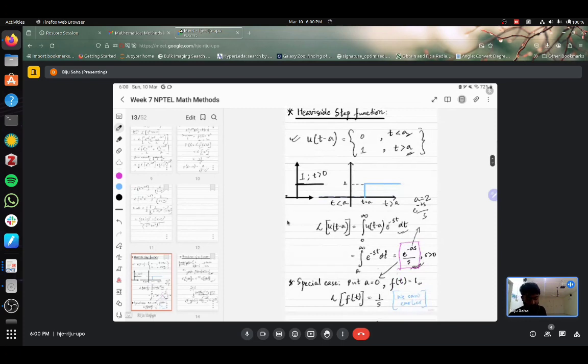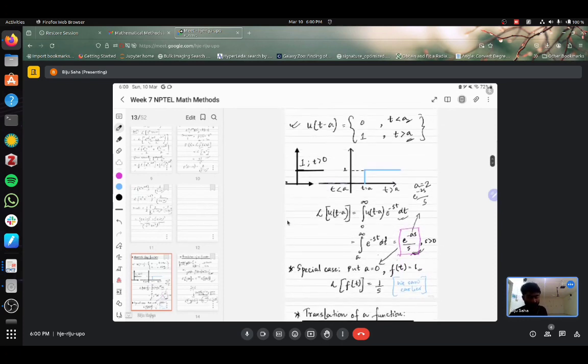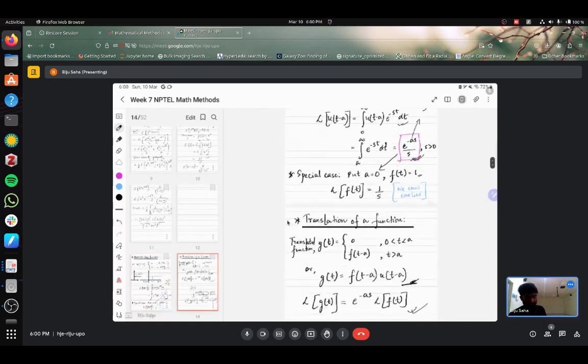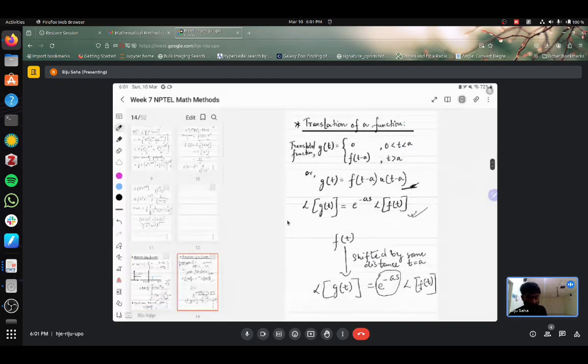Next is the step function. The step function definition is this: beyond a certain threshold value it is 1, and below that it is equal to 0. Then we also learned to express a particular function in terms of the step function. That means the function is shifted, or translated, by some distance.